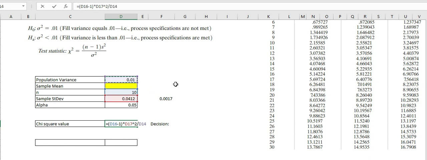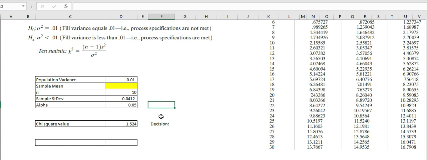Since this is already variance, we don't need to raise that to the second power. This is the formula. So the chi-square value is 1.524.